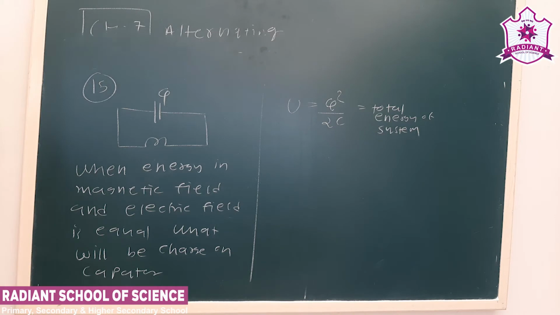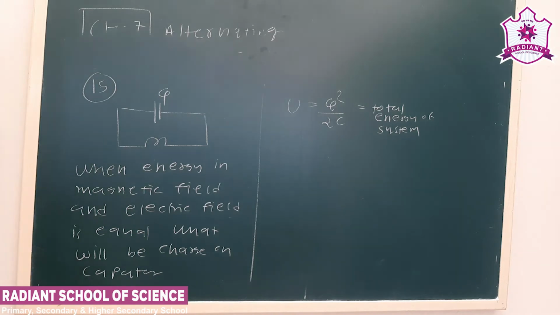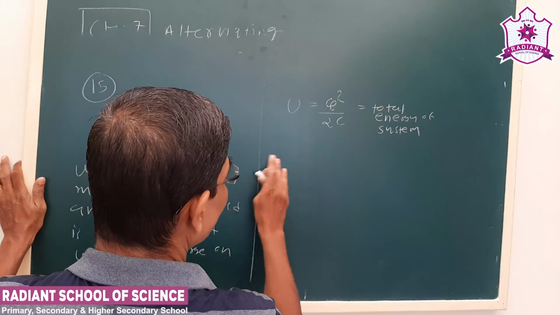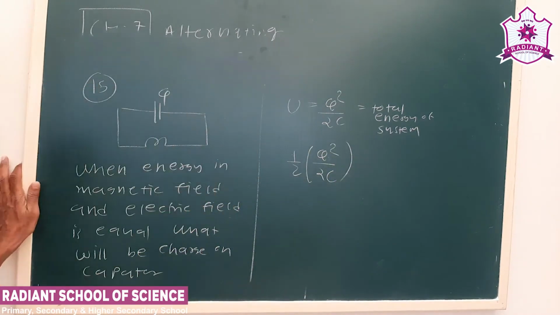Now when the energy of electric and magnetic field become equal, that energy will be equally divided. So this will be half of Q square by 2C.